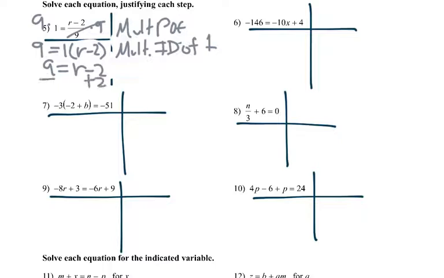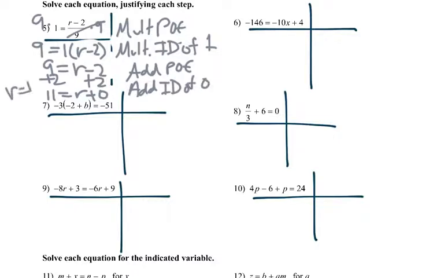Then add 2 with the addition property of equality, giving us 11 equals r plus 0. Then the additive identity of 0 makes it just r equals 11, because we can drop off that 0. But I'm not too worried about those ones. I'm more worried about the properties of equality.